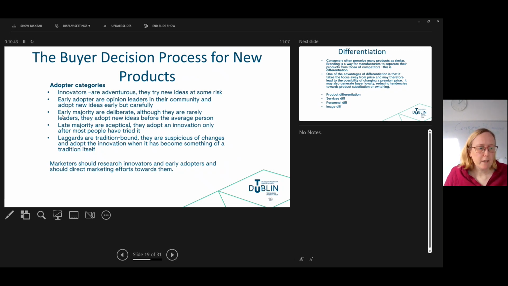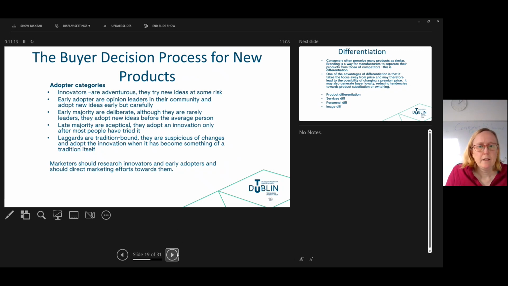So there's a lot of very generous plans with your phone package and so on. So these people are tradition bound, are suspicious of changes, and adopt the innovation when it's become something of a tradition itself. Marketers should research innovators and early adopters and should direct marketing efforts, initially anyway, towards them.